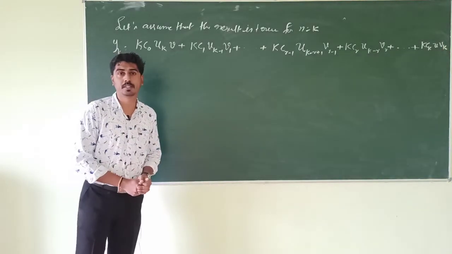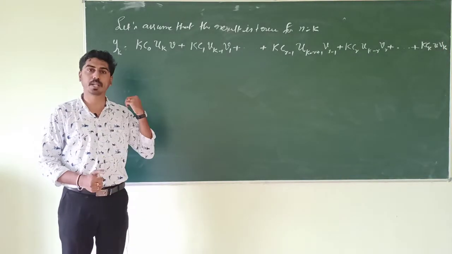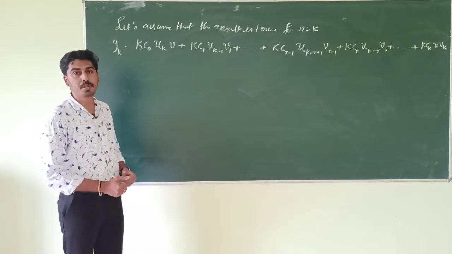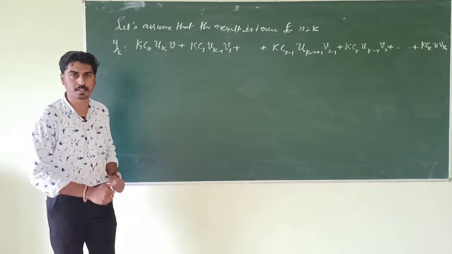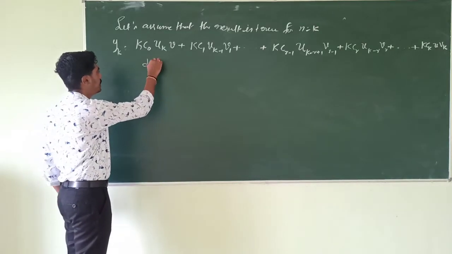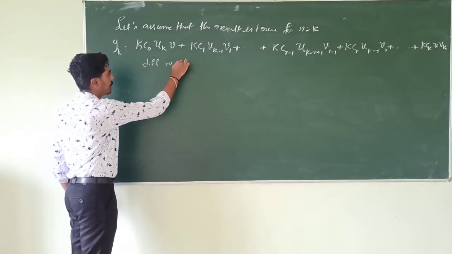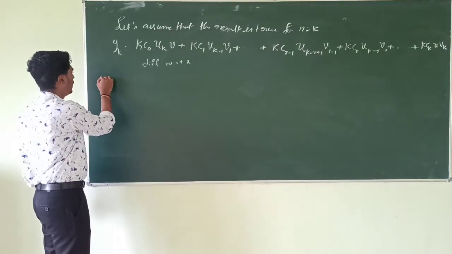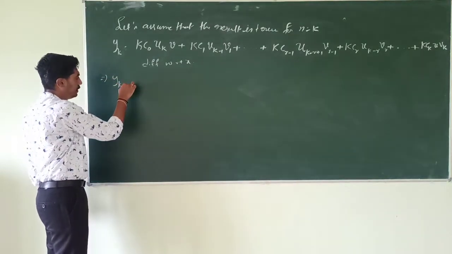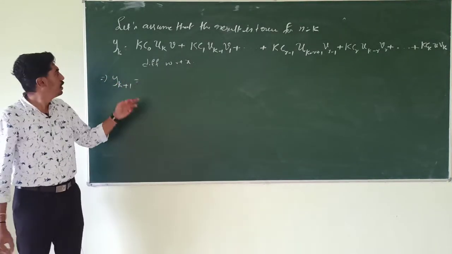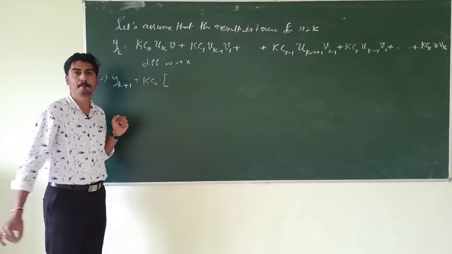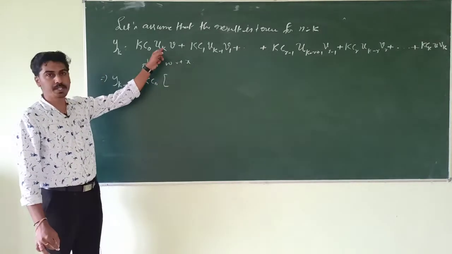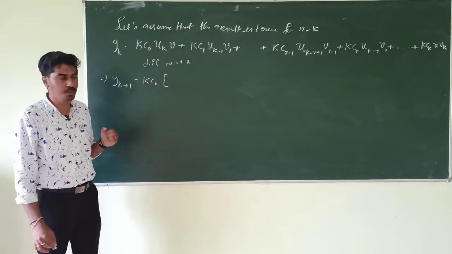Now to show that the result holds good for n equal to k plus 1, I am going to differentiate this equation with respect to x. Here we get yk plus 1 is equal to kC0, which is a constant. To differentiate this product, apply product rule.